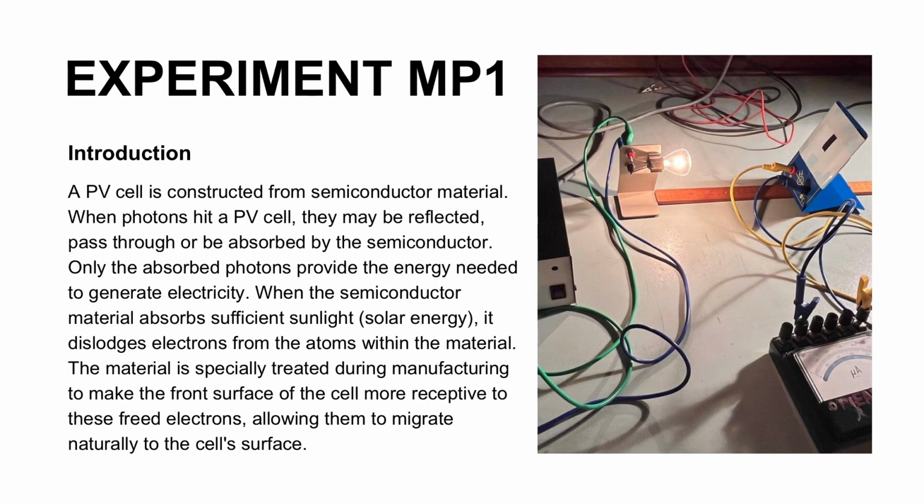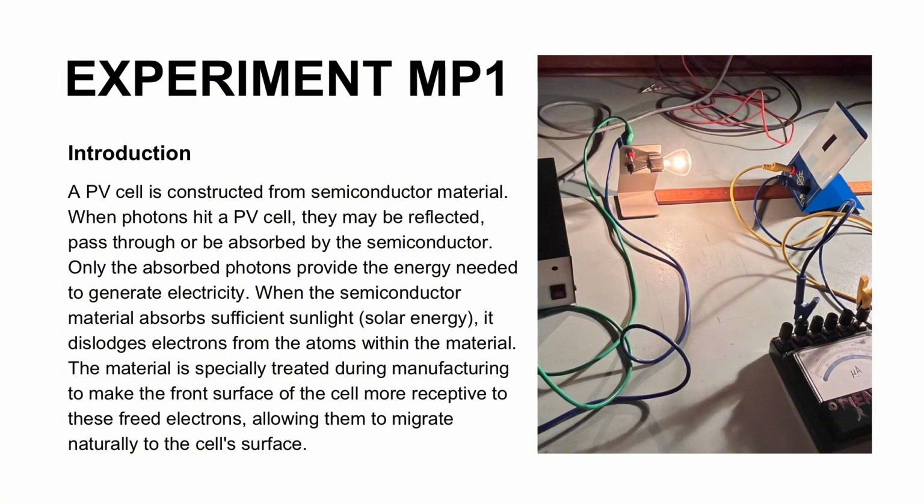Next, experiment MP1, photovoltaic cell. I use a PV cell that is constructed from semiconductor material. When a photon hits this PV cell, it will be reflected, pass through, or be absorbed by the semiconductor.